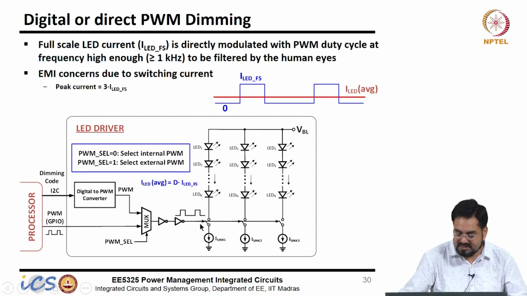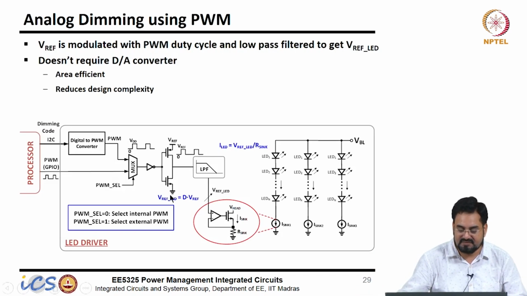So when we switch this current on and off at 1 kilohertz, at a certain duty cycle, it will be averaged out by our eyes. So our eyes are now acting as a filter here, just like we had a filter here to convert that duty cycle to a voltage.